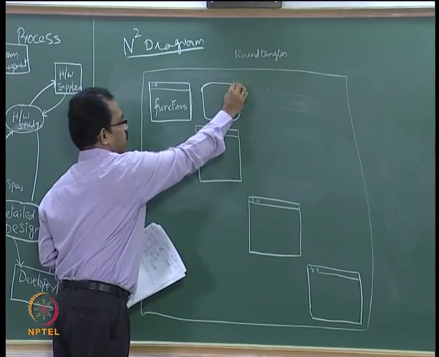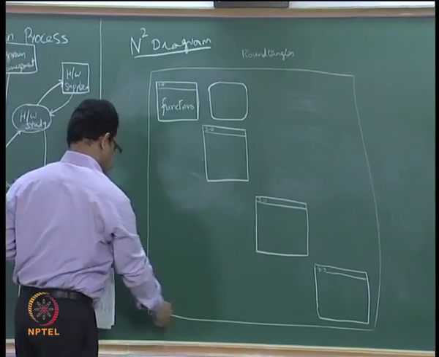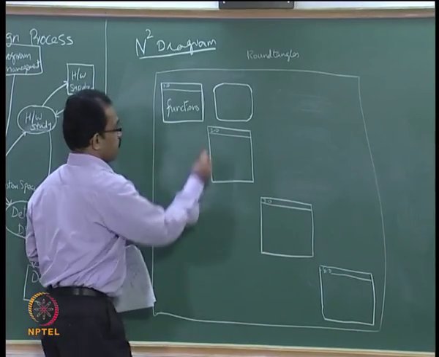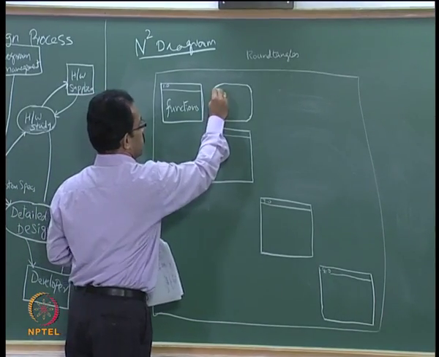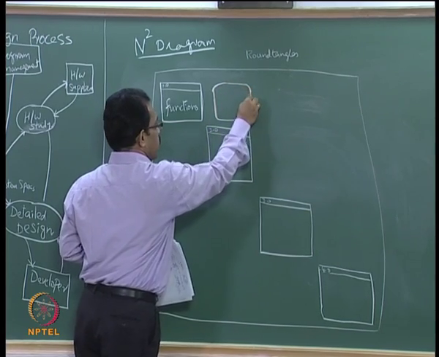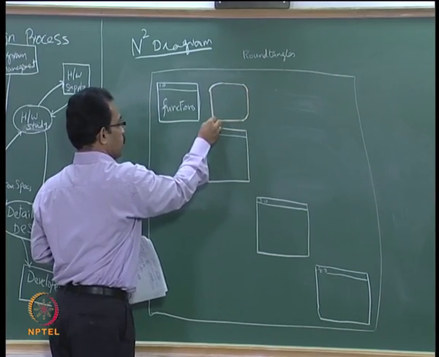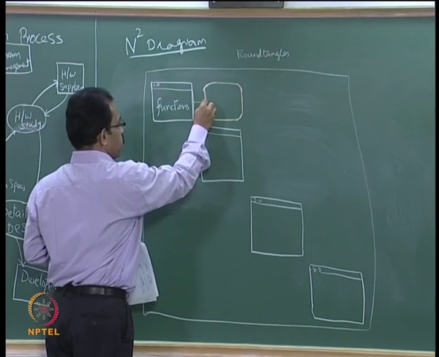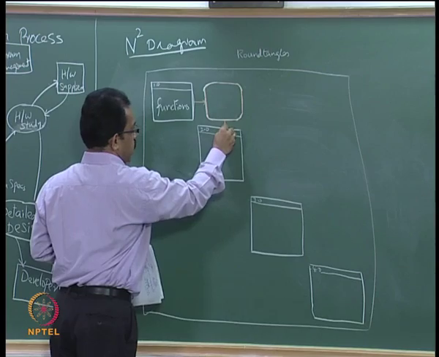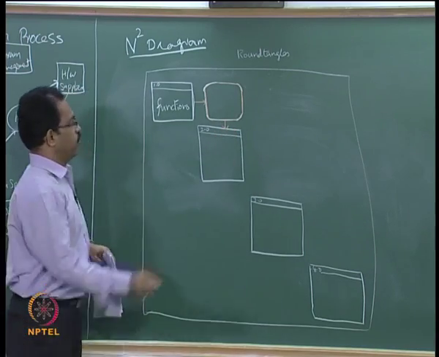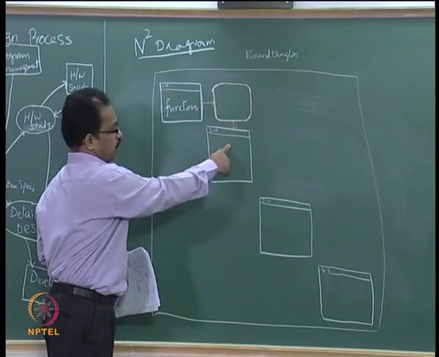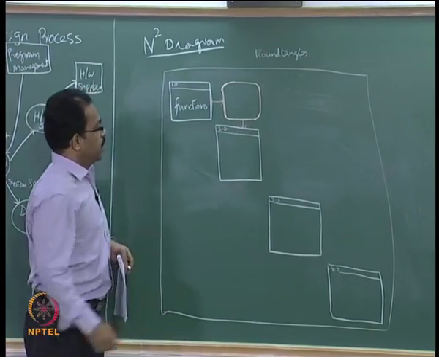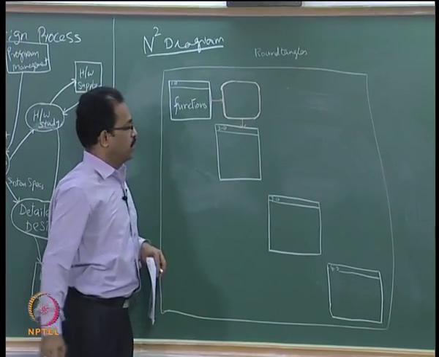So this actually represents the interaction between different functions. Here the kind of data flow is represented using arrows. If there is a data flow from this function to this function, it is represented like this, and this is the forward flow of data.